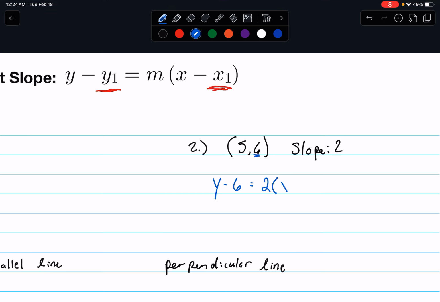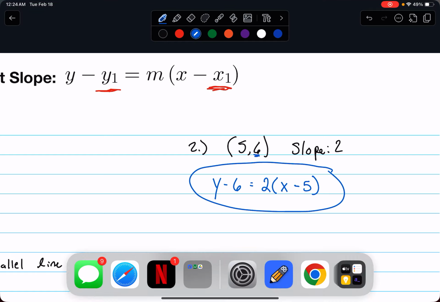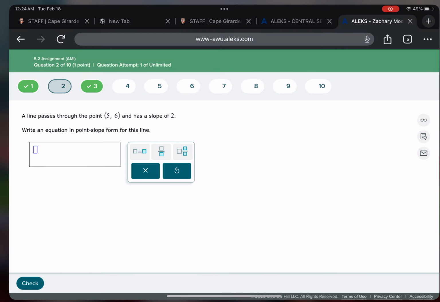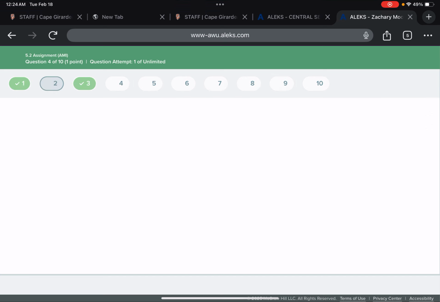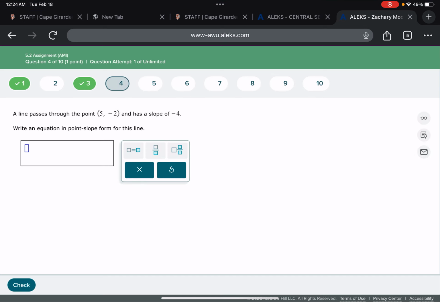And then it's x, and then it's minus, and our x coordinate was 5, so it's x minus 5. That is what you would type in over on ALEKS. So you're just putting it into that point slope form. That's what you're doing for number 2 and for number 4.